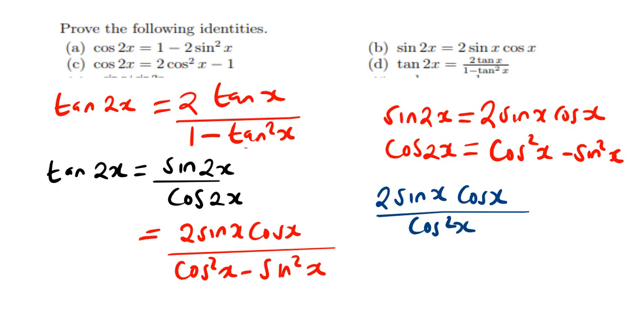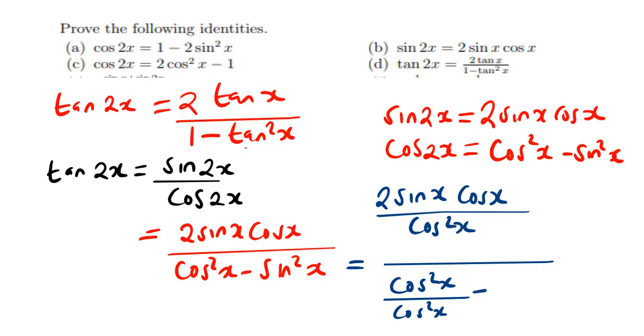Then don't forget your division: down we've got cos squared x, which is also divided by cos squared x, minus sine squared x divided by cos squared x.